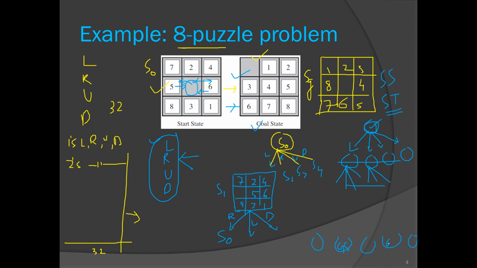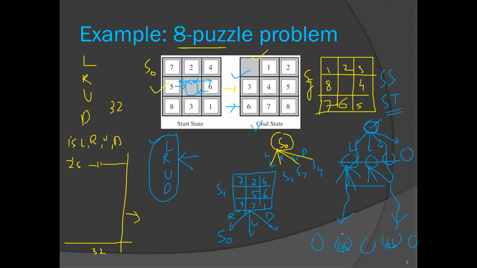We may reach the goal state by following different paths, right? So these are different solutions to our problem. And what do we mean by solution? From the root node, if I apply this sequence of actions, I will reach the goal state, and that will be my solution.